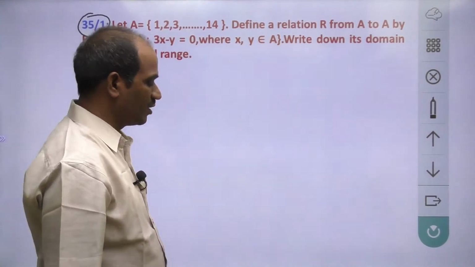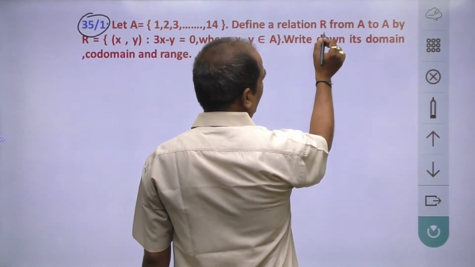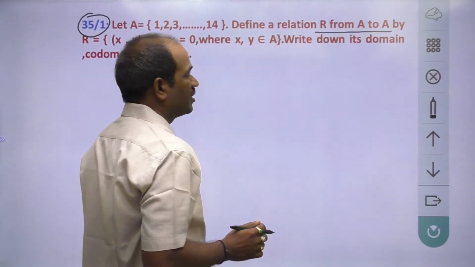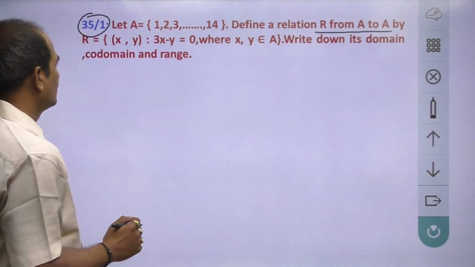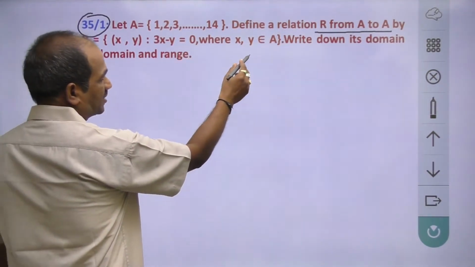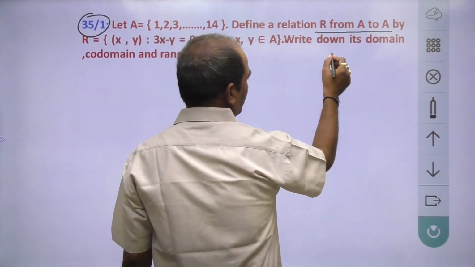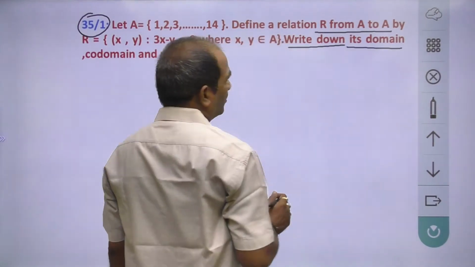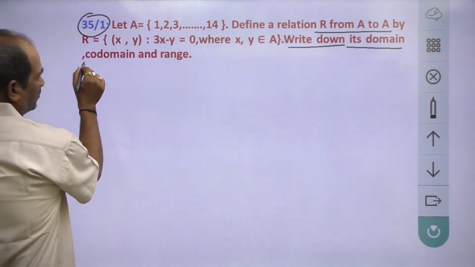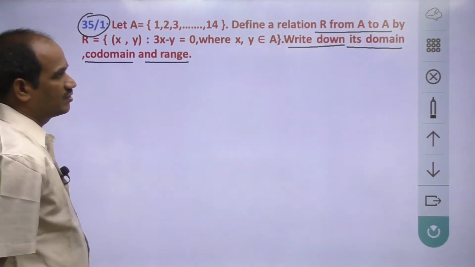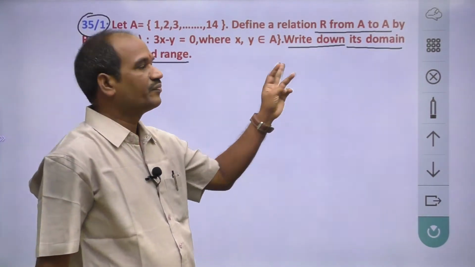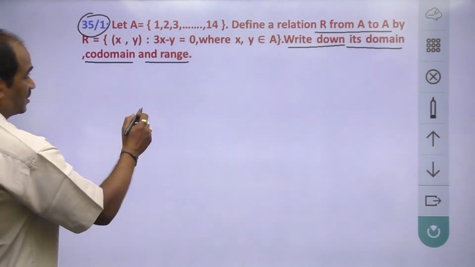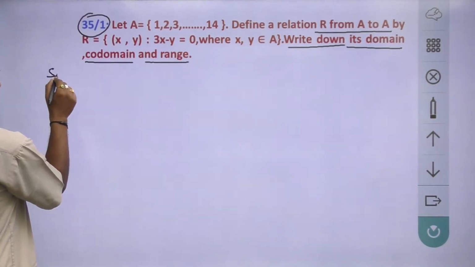Define a relation R from A to A, where R is a set of pairs (x, y) belonging to A. Write down its domain, codomain, and range. 3 marks: domain 1 mark, codomain 1 mark, range 1 mark.